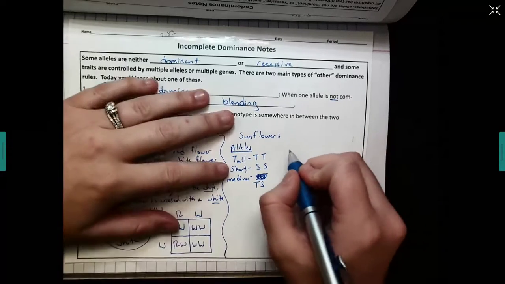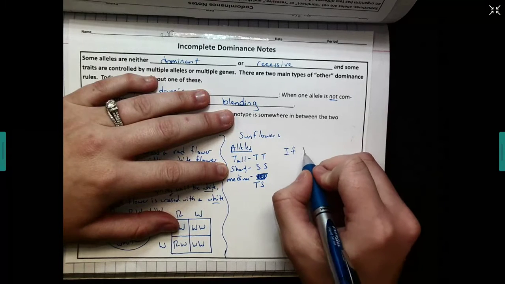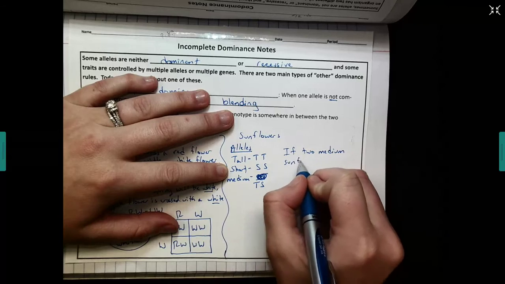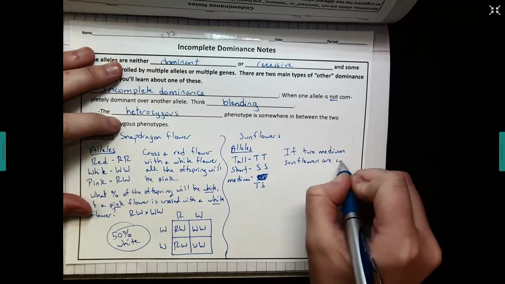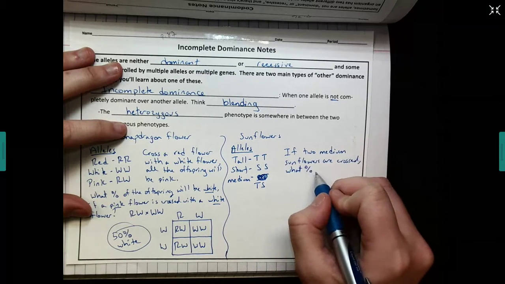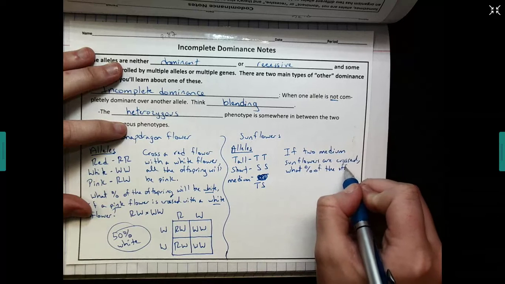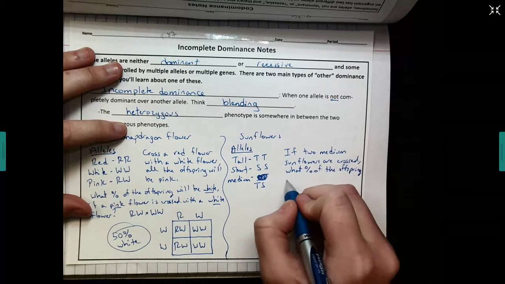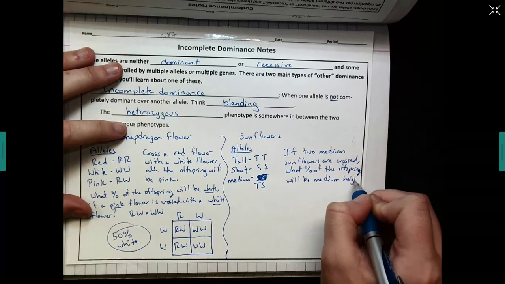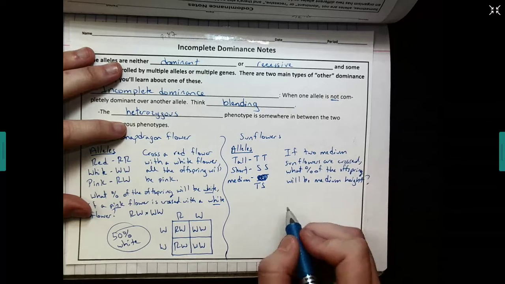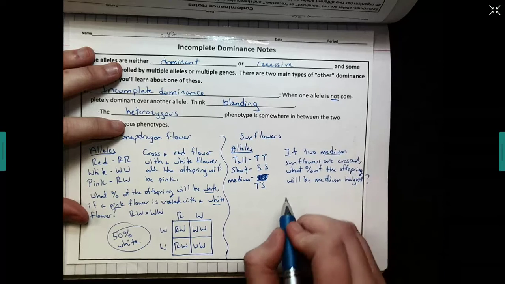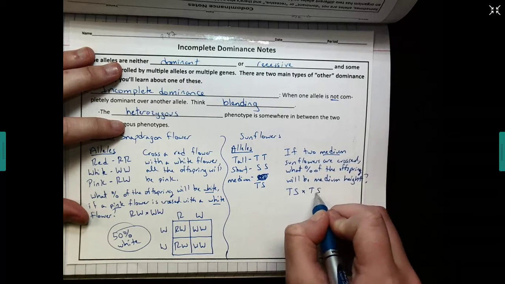So my question to you: if 2 medium sunflowers are crossed, what percent of the offspring will be medium height? So the first thing you do is write out my parent alleles, and they tell me that they're both medium, so both heterozygous.